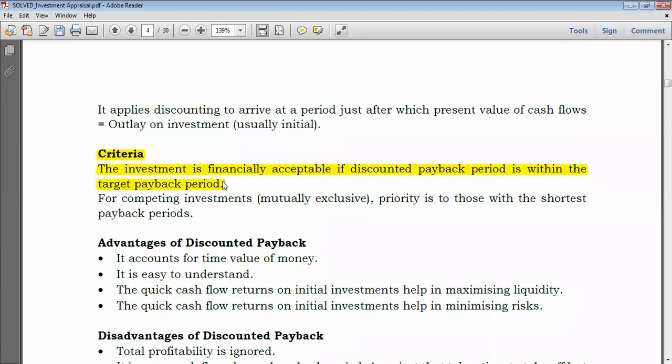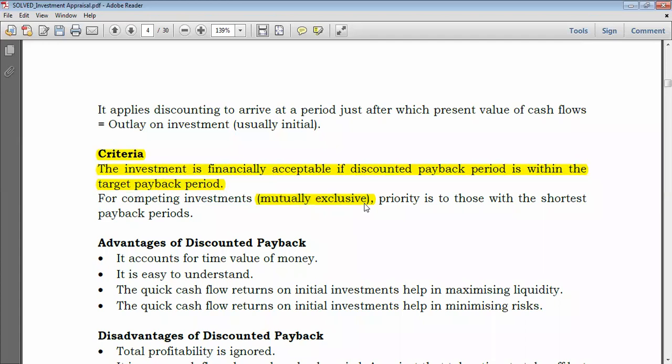Just like that. So let's presume that you have two projects. For competing investments, which we usually call mutually exclusive, we mean that they cannot be undertaken together. If one is undertaken, the other one has to be sacrificed, probably due to the use of the same resources.